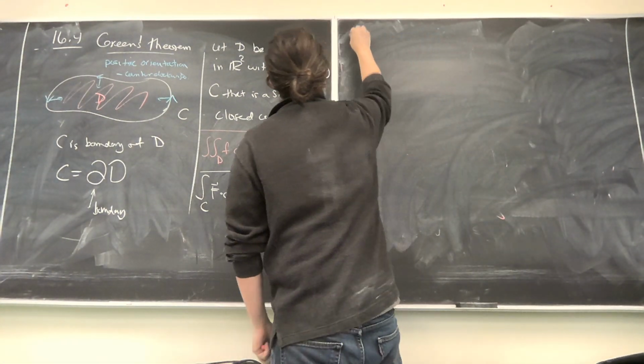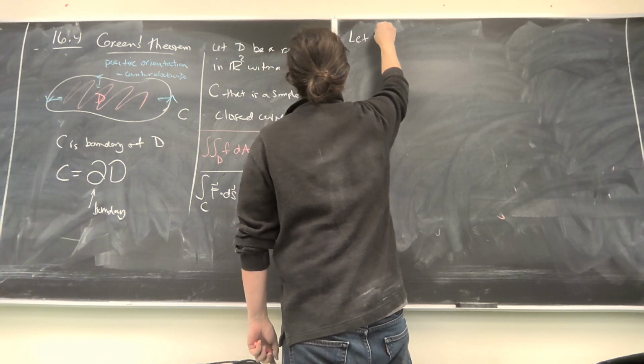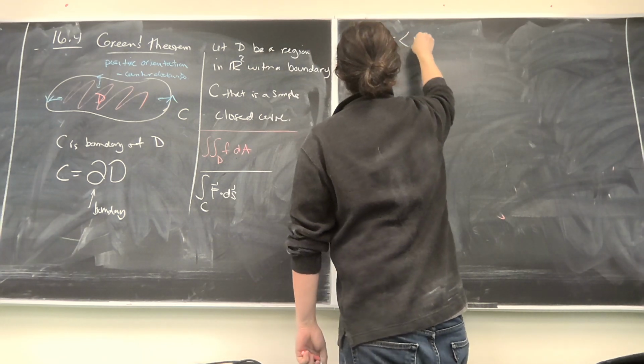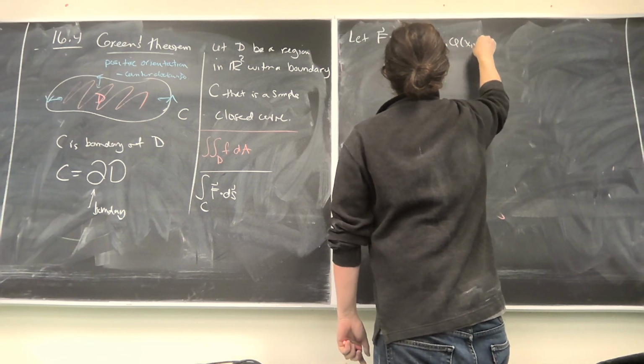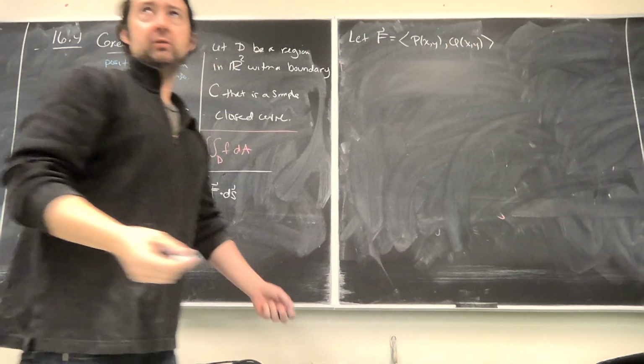So we're going to let F be equal to a vector field P(x,y), Q(x,y). P and Q are the traditional letters for this.